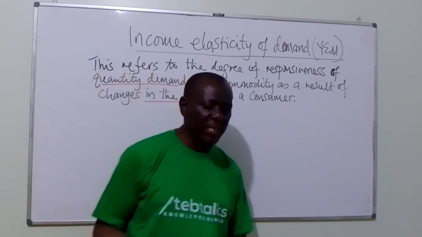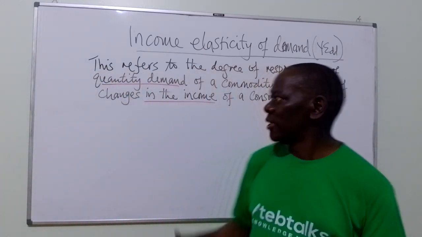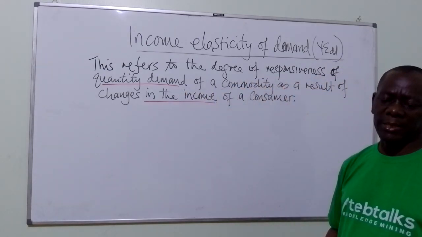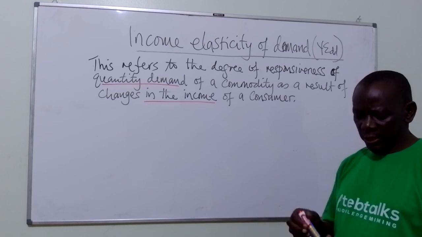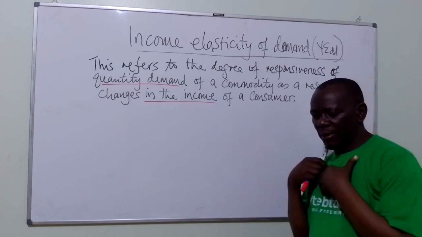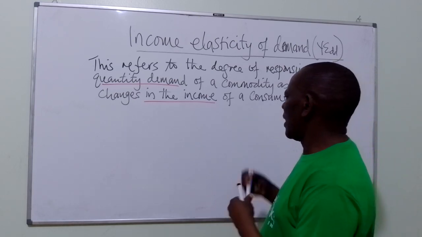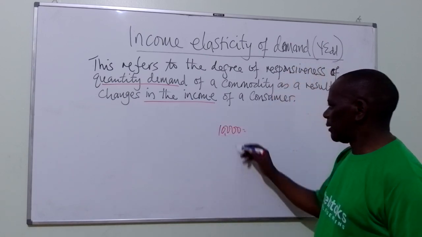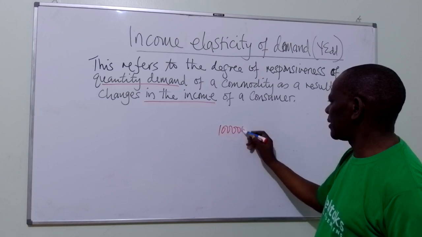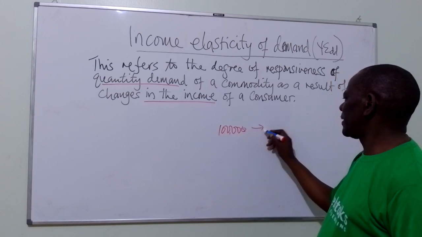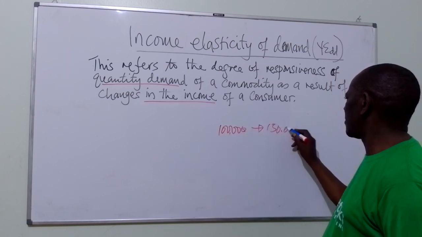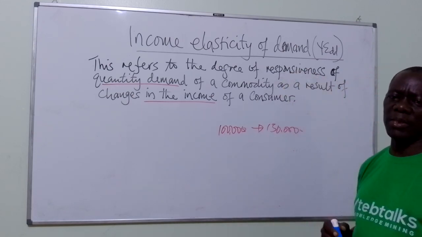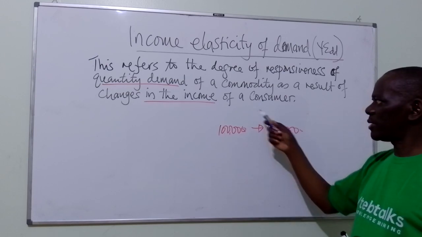As your income changes, what happens to the demand of a certain commodity? You consider each commodity and say, now, if my income, which has been, say, 100,000, changes to 150,000, what will be the change in the demand of a commodity? That's what we are looking at.